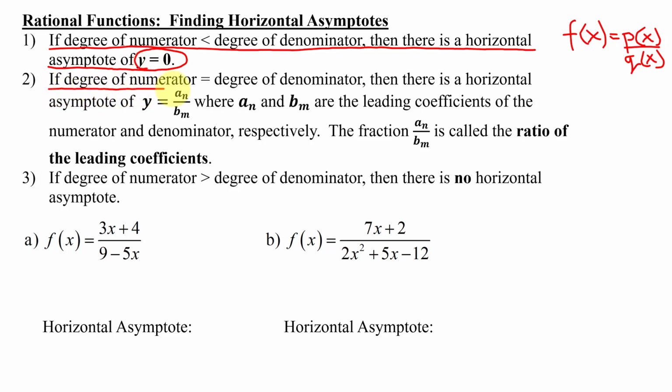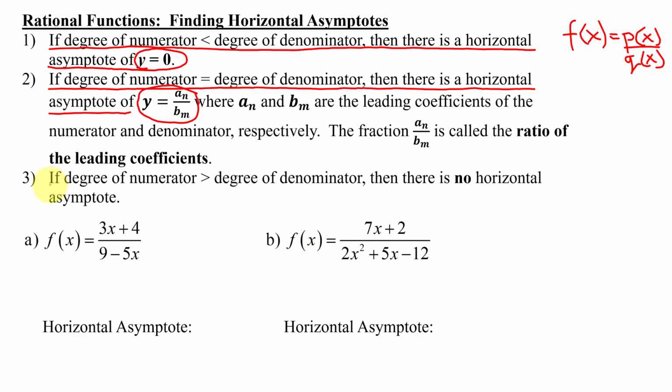But if the degree of the numerator equals the degree of the denominator, then there again is a horizontal asymptote, but its equation is y equals a sub n divided by b sub m, where a sub n and b sub m are the leading coefficients of the numerator and the denominator respectively. In fact, this fraction here is called the ratio of the leading coefficients.